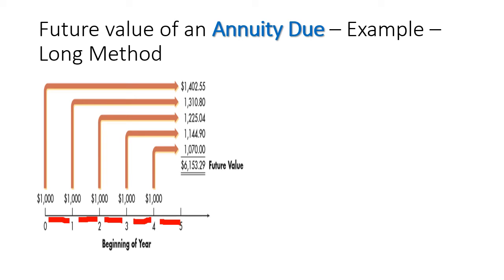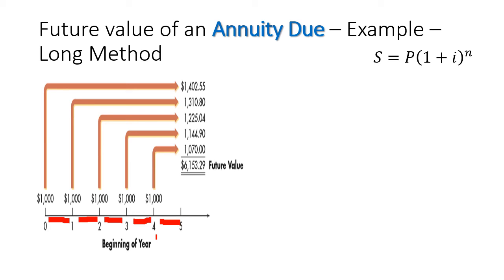So the first amount accumulates over 5 periods, the second over the next 4 years, the third over 3, the fourth amount of 1,000 gets interest over the next 2 periods, and the last amount gets interest for just 1 year.